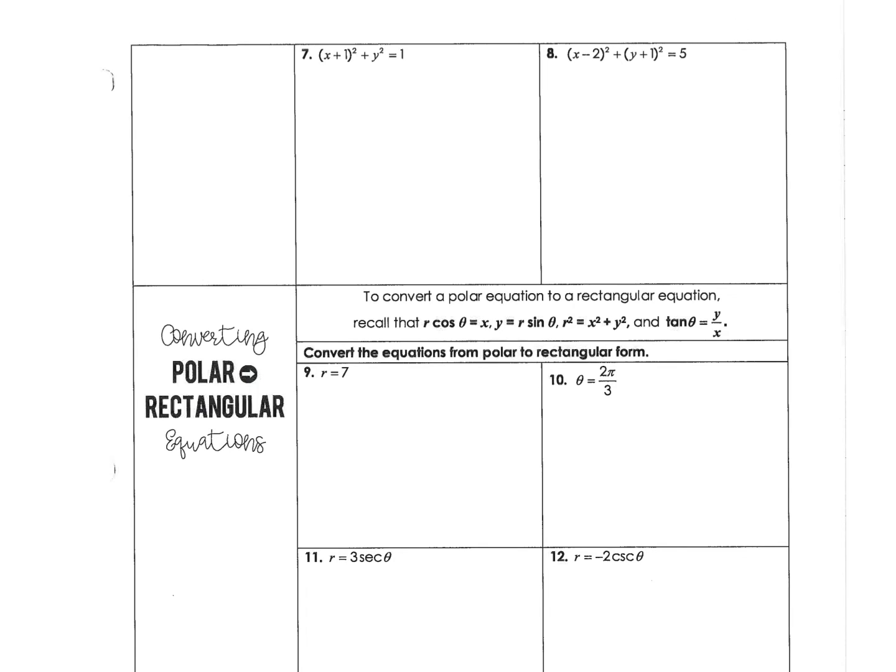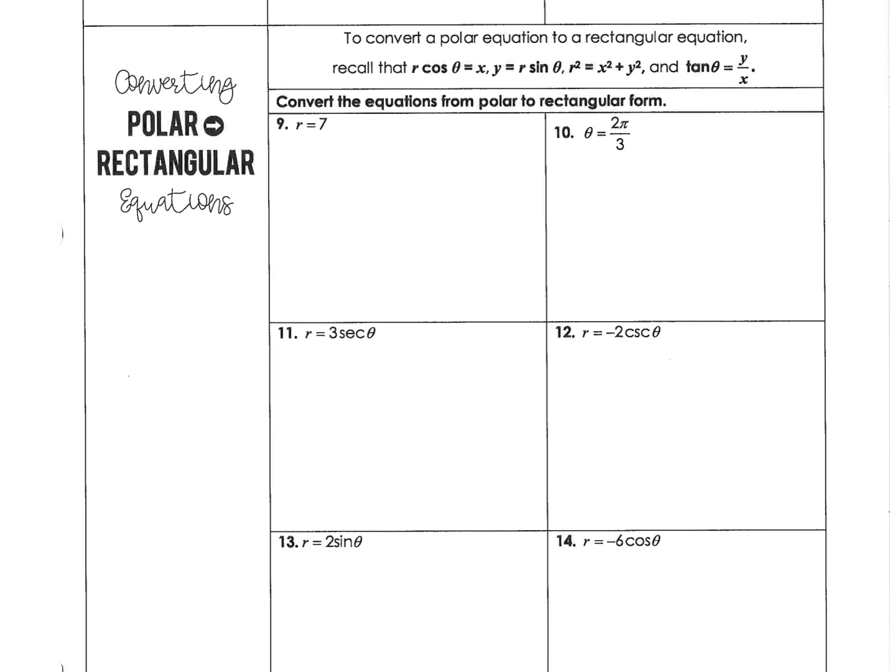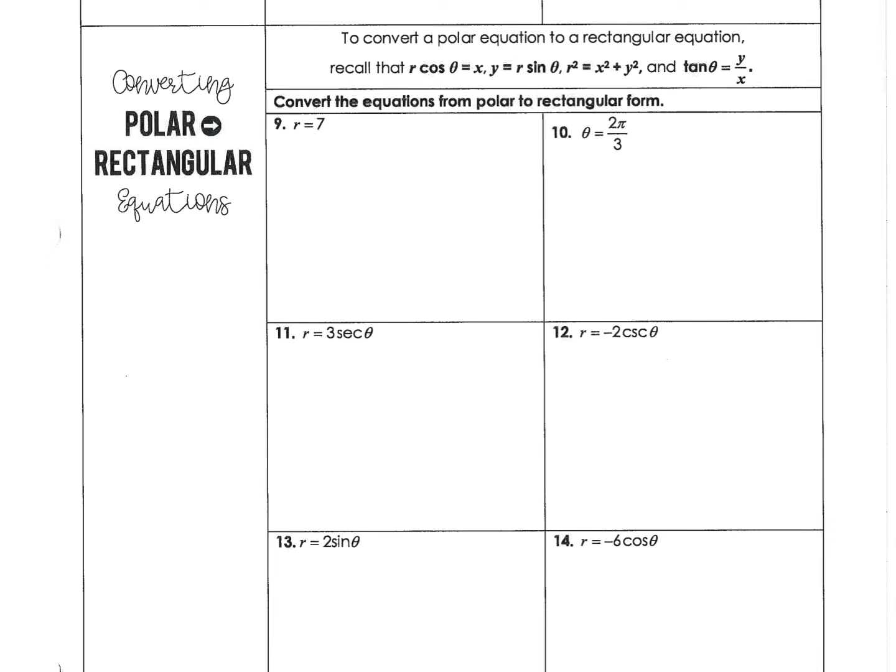Let's finish this up. All right, let's talk about the last little thing, which is converting from polar to rectangular. We went from rectangular to polar, now we've got to go back. So what you've got to look at is the following.